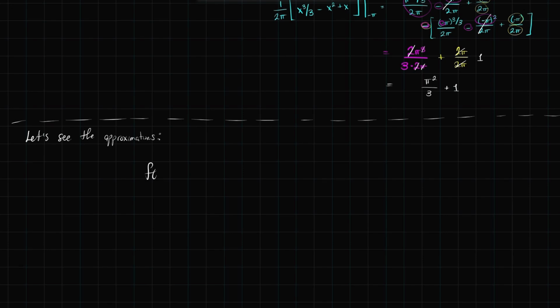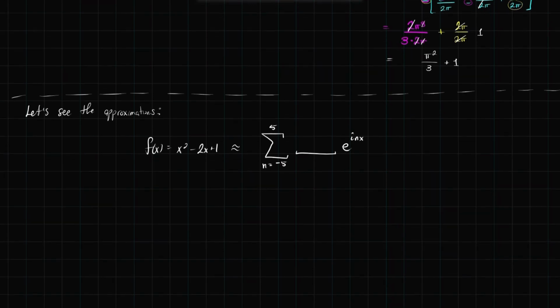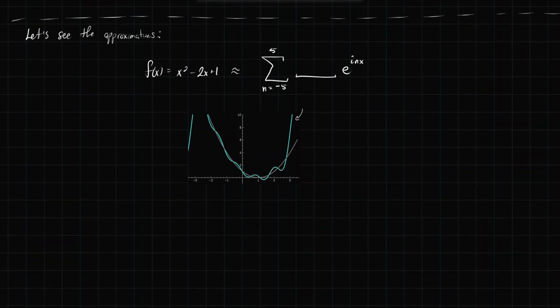So if I did my function x squared minus 2x plus 1, and maybe I'll say it's approximately the case where I go from negative 5 to positive 5 terms, and then what we just calculated, e to the i n x, I get the following plot, where what you're looking at in the cyan here is the Fourier approximation, and the gray is my function x squared minus 2x plus 1. And so Fourier has this very interesting behavior of oscillating around the function we're trying to approximate.